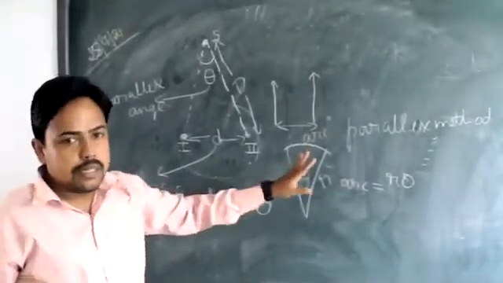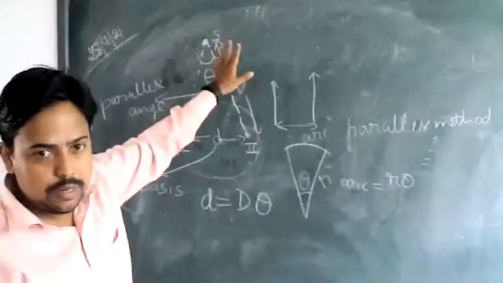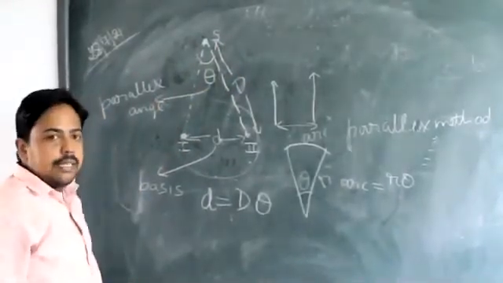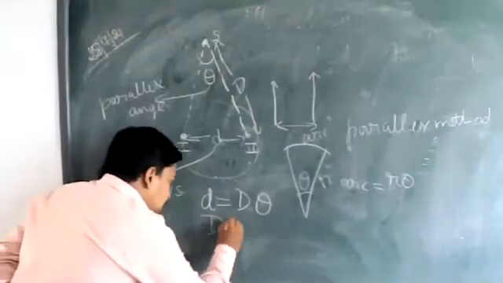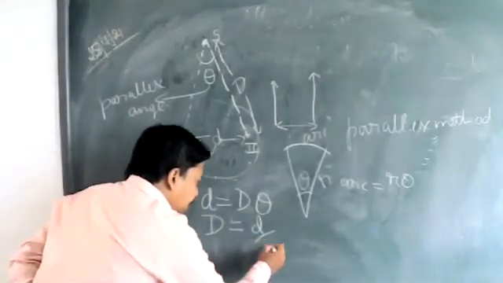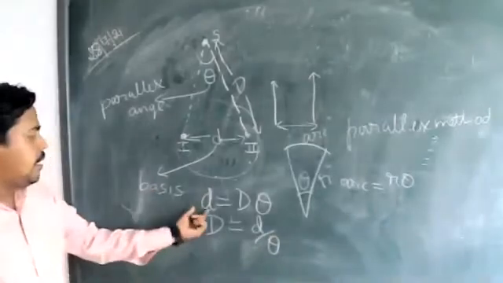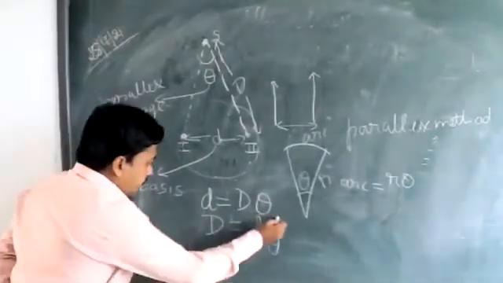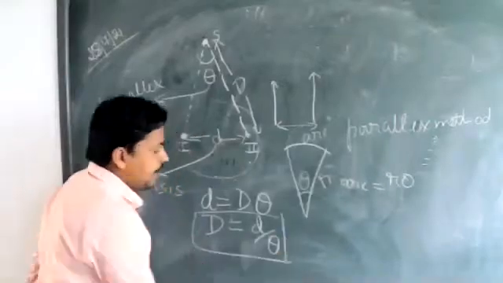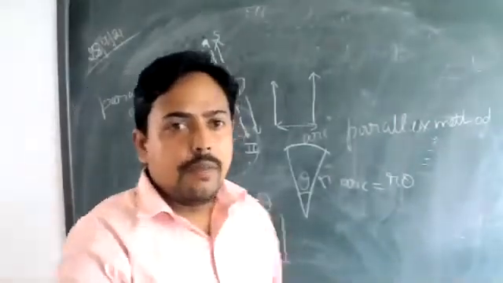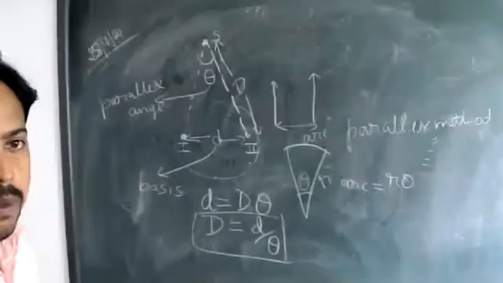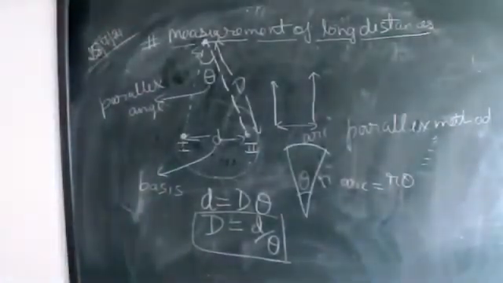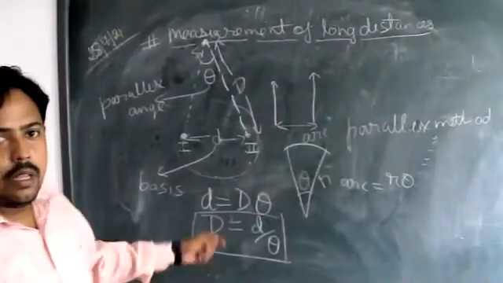This we have all discussed in the supplementary physical properties. So from here you can decide what will be the long distance which we want to measure, in terms of this basis and in terms of theta. So this formula is very important, and with the help of this formula only we can measure long distances.